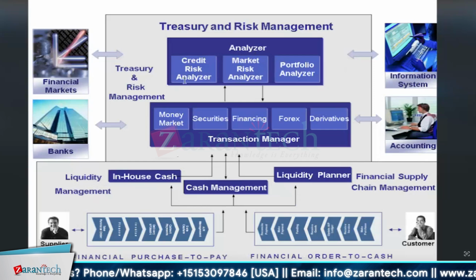Coming to this credit risk analyzer, this one specifically helps you measure your counterparty default risks. It will give you the analysis of your risks and their mitigating strategies. All these things will be in your credit risk analyzer.